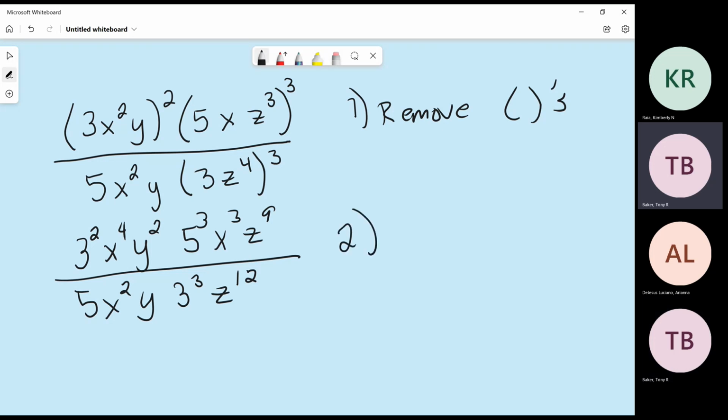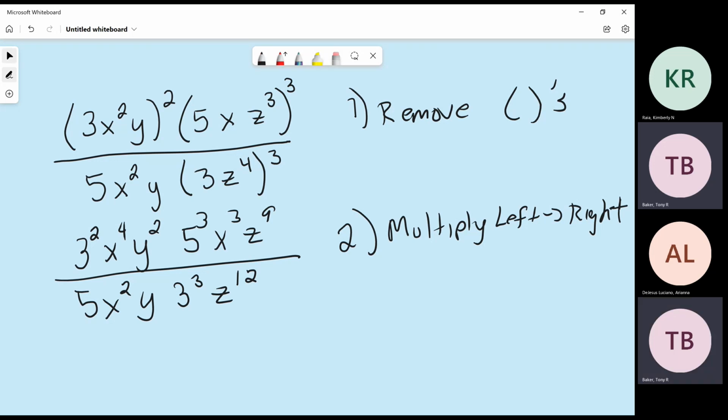Second step: multiply left to right. I'm literally going to look at the top and multiply across, and then the bottom, multiply across.